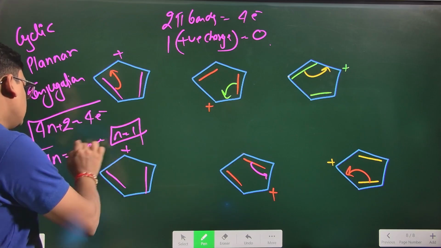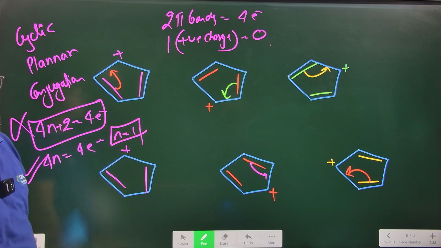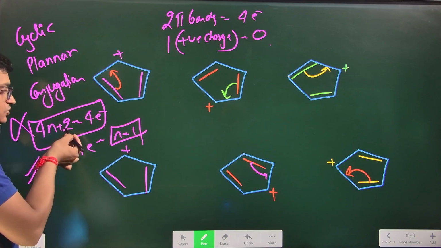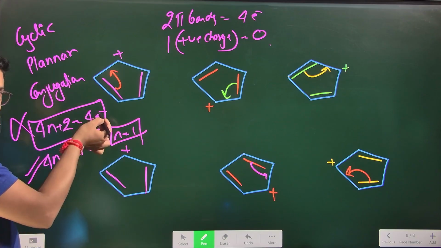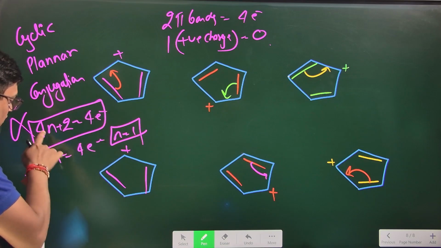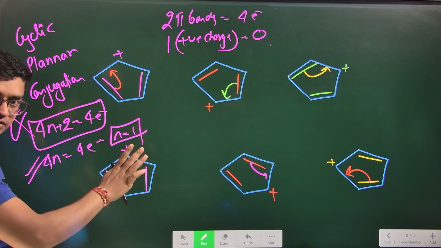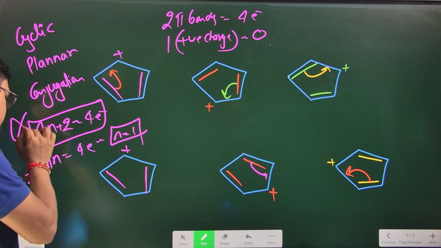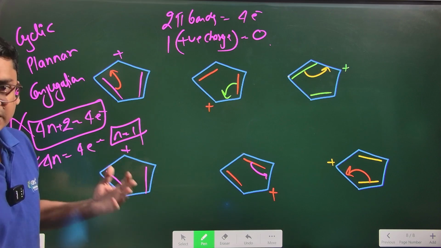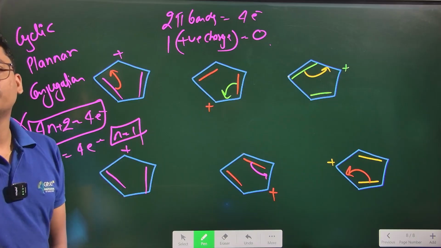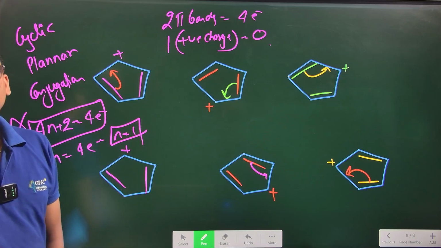So this condition is not fulfilled here. So this does not have aromatic character, but this structure basically has an anti-aromatic nature.